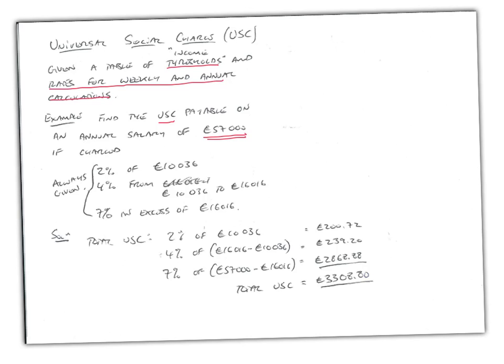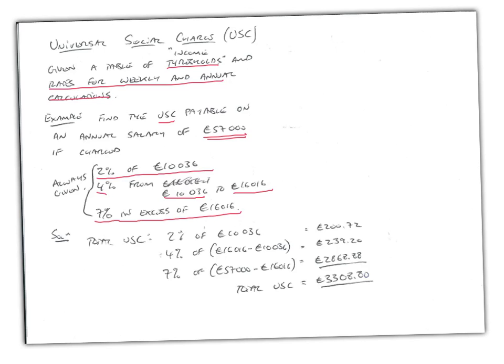Okay, so if they are charged the above rates at the threshold, they'll be charged 2% of the first 10,036 euros. They'll be charged 4% on anything they earn from 10,036 euros to 16,016 euros, and then they'll be charged 7% on anything they earn in excess of 16,016 euros.